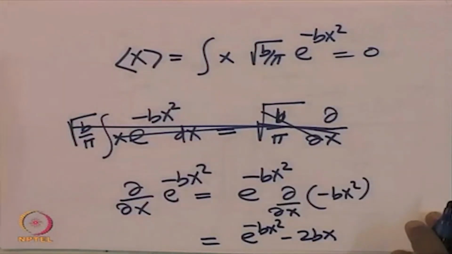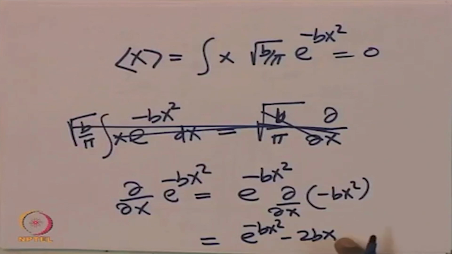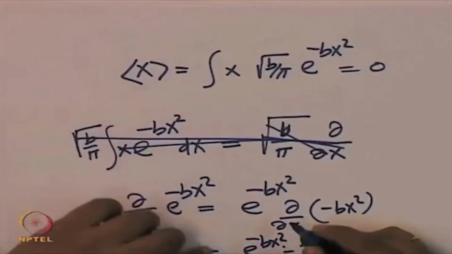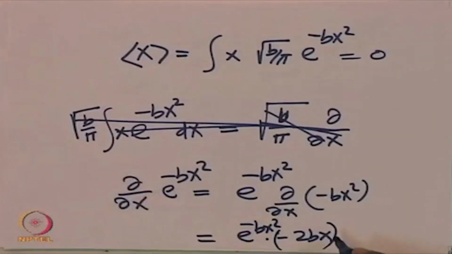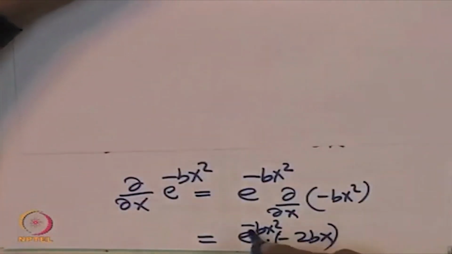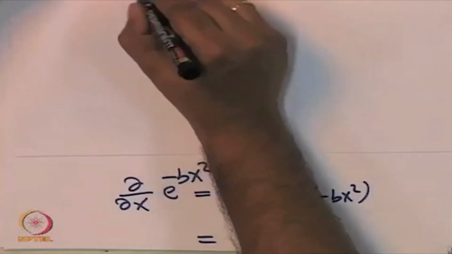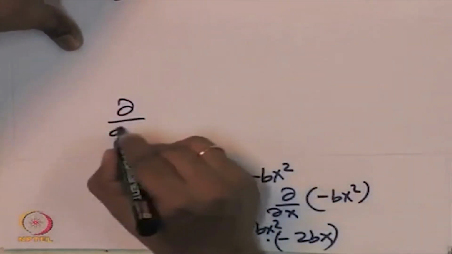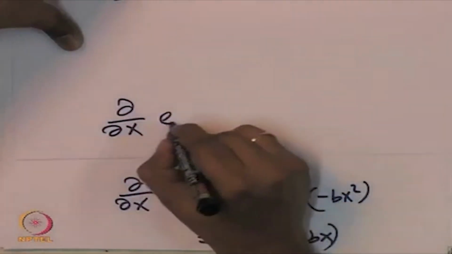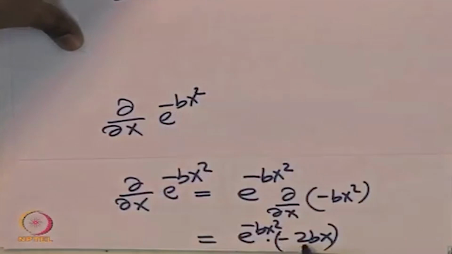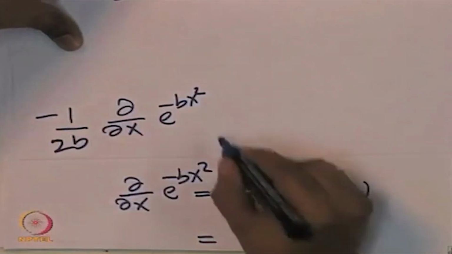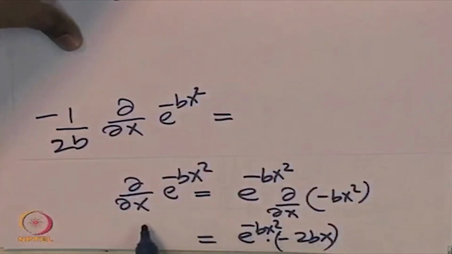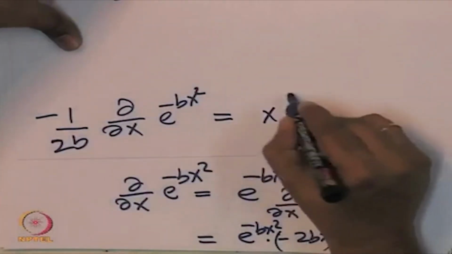Just by knowing that e power minus b x square into minus 2 b x is the derivative, we can immediately see that del by del x of e power minus b x square, divided by minus 2 b, is equal to x e power minus b x square.